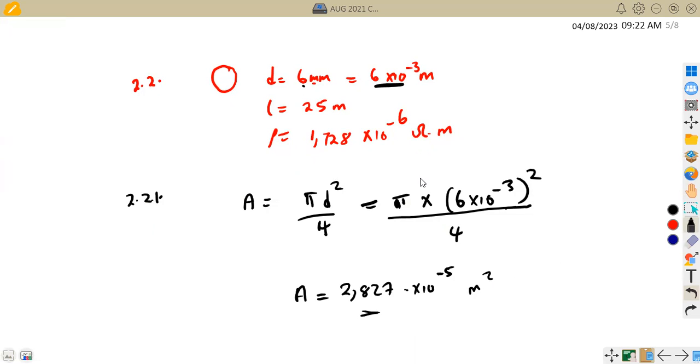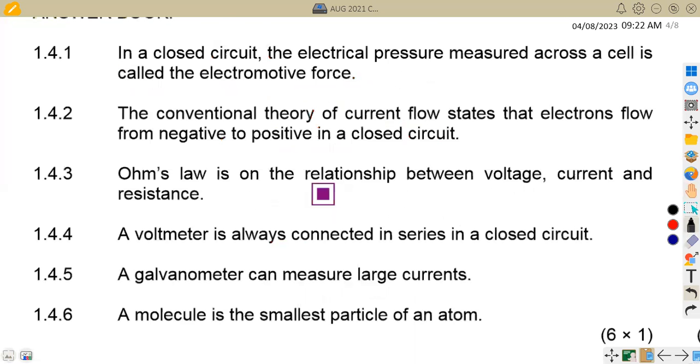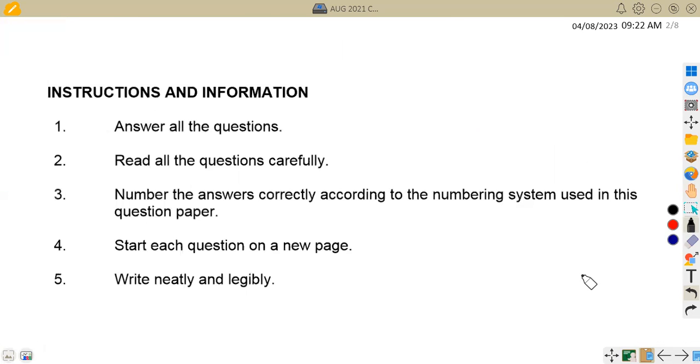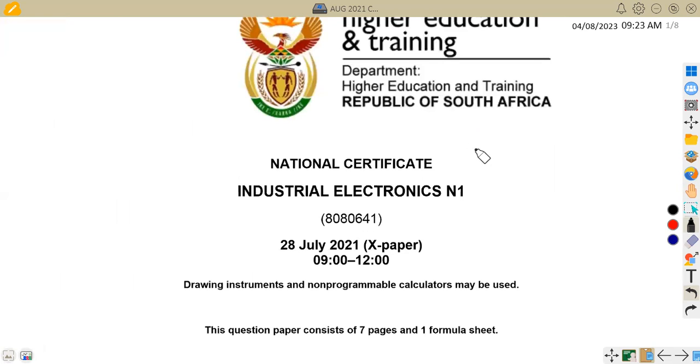If you are to use the value of pi in this case as 3.14, depending on the information that we are given, let's just check here. We are not given here to say your pi is going to be 3.14 and so forth.